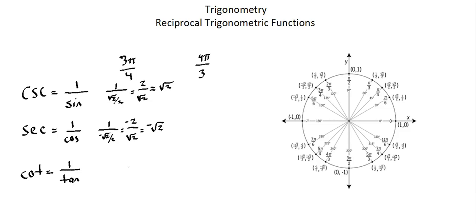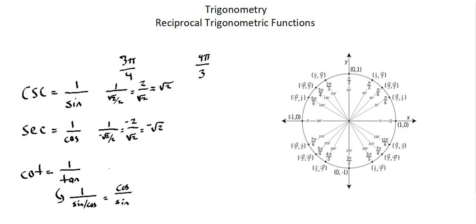And our cotangent function is 1 over tangent. Now, for a general understanding of cotangent, let's think about 1 over tangent. This is 1 over sine over cosine, which is cosine over sine. Cotangent is cosine over sine.